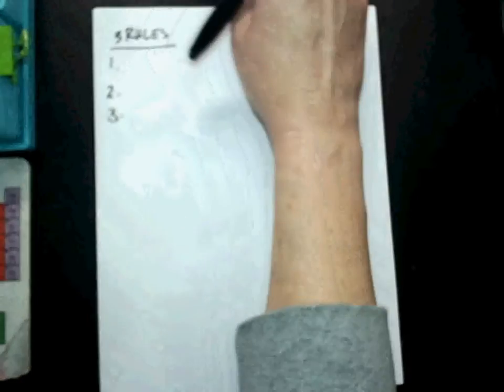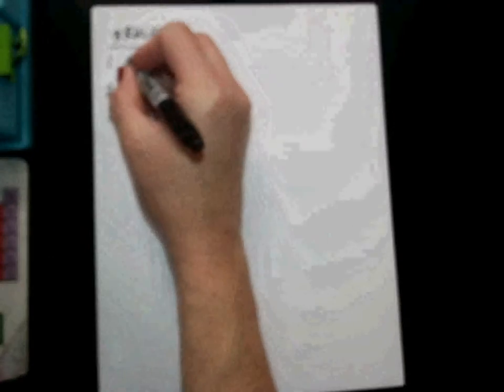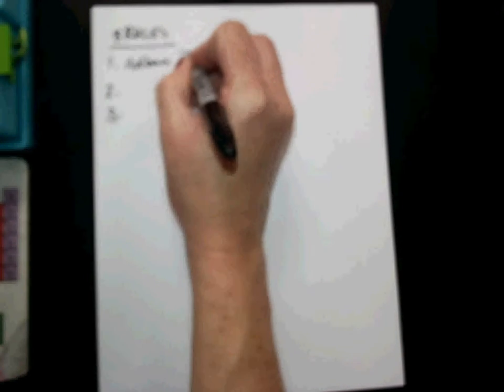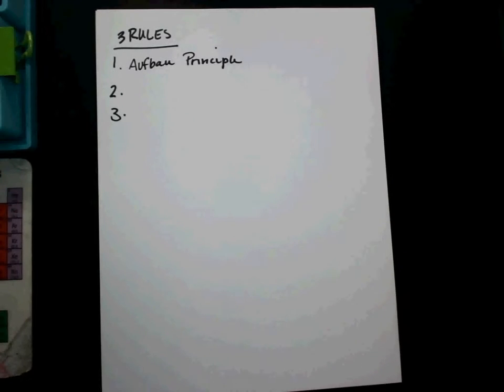Let's get the names of the rules in order, as they are in your notes. So Shelby, can you give me the first one? Yep, Aufbau principle. So that's the first one.